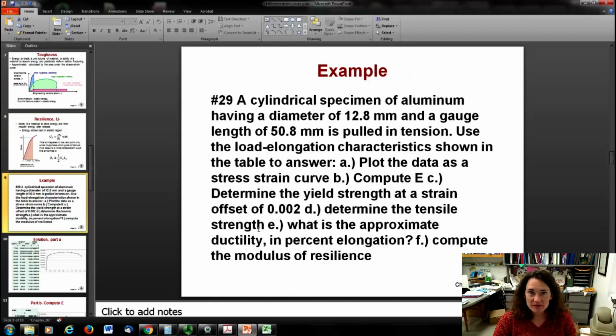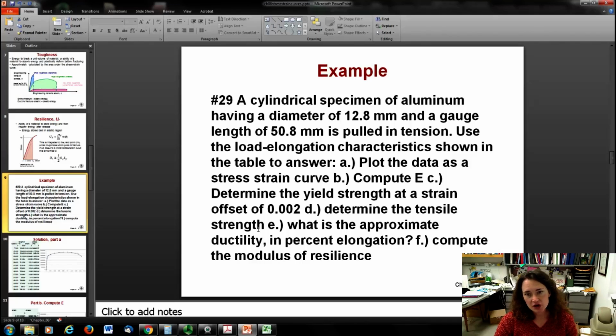Okay, let's do an example problem. And this example problem will really help you get through the lab that we're going to do on tensile testing, because this is how you'll analyze your data. This is from your textbook. A cylindrical specimen of aluminum having a diameter of 12.8 millimeters and a length of 50.8 millimeters is then pulled under tension in a tensile testing machine.